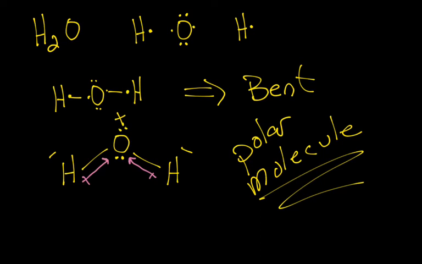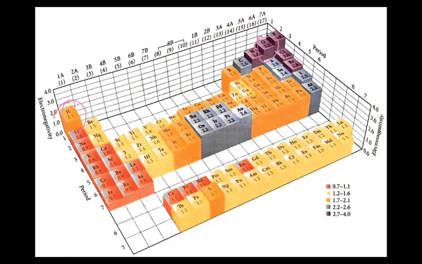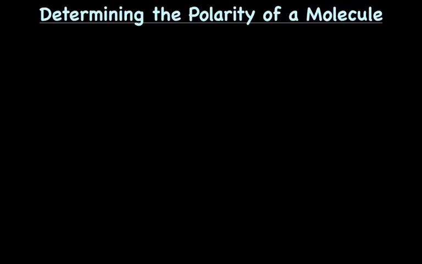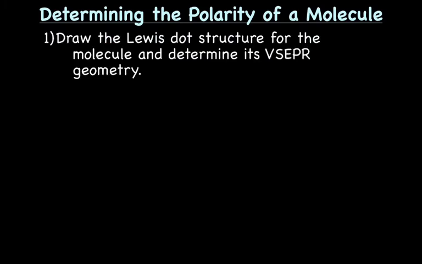So basically what you want to do is figure out, do the polar bonds cancel each other out, add together, or somewhere in between? All right, so let's go through the rules of determining molecule polarity. First of all, we draw the Lewis dot structure for the molecule and determine its VSEPR geometry. That's really important.